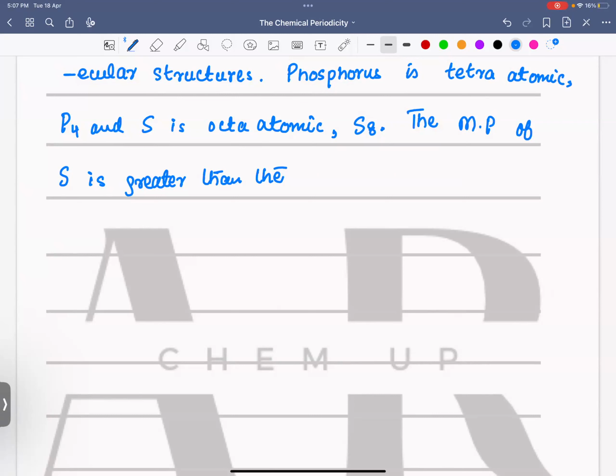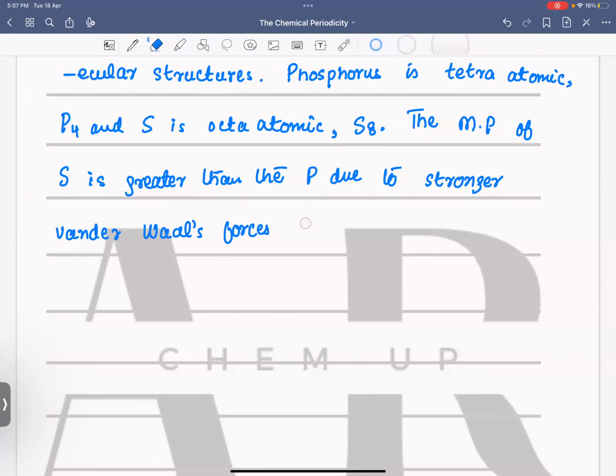That the melting point of sulfur is greater than the phosphorus due to stronger van der Waals forces between sulfur molecules.